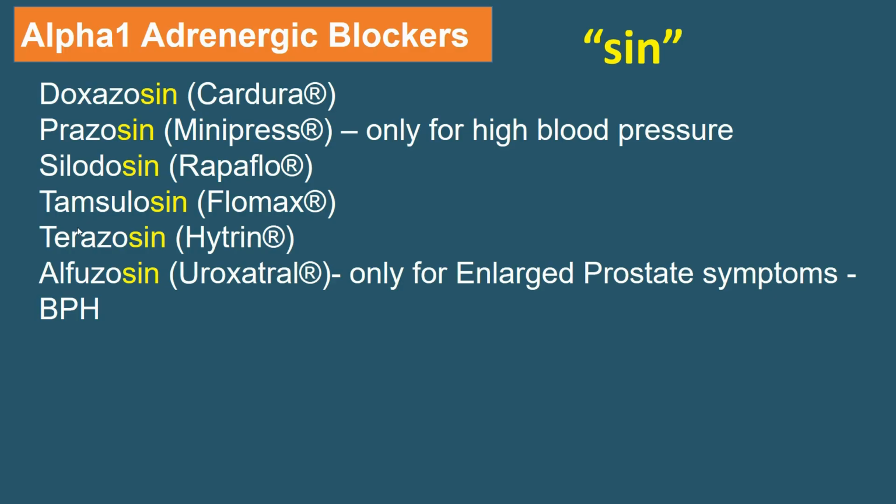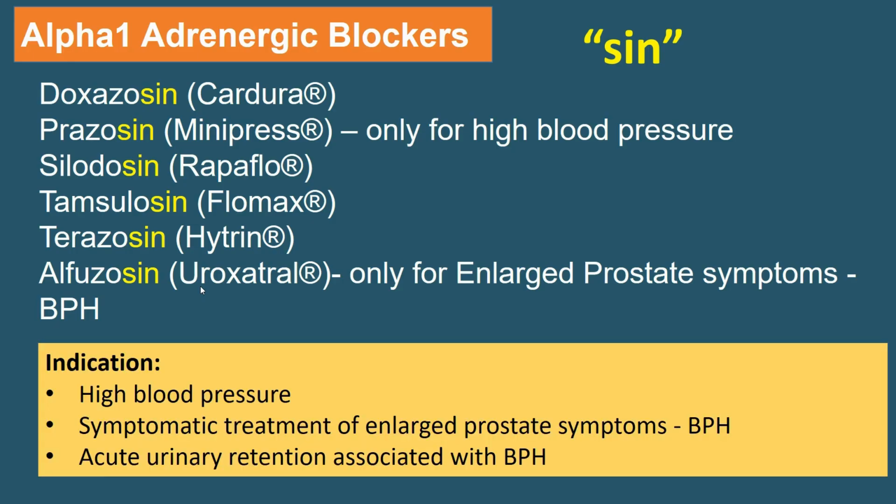Whereas alfuzosin, tamsulosin, and terazosin are used for treating enlarged prostate symptoms such as benign prostatic hyperplasia. So high blood pressure is the primary use, and also symptomatic treatment of BPH and acute urinary retention, which can be caused by BPH.